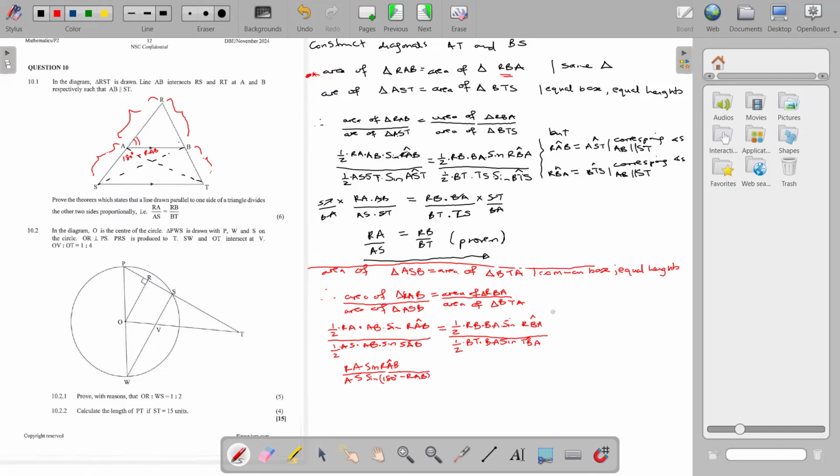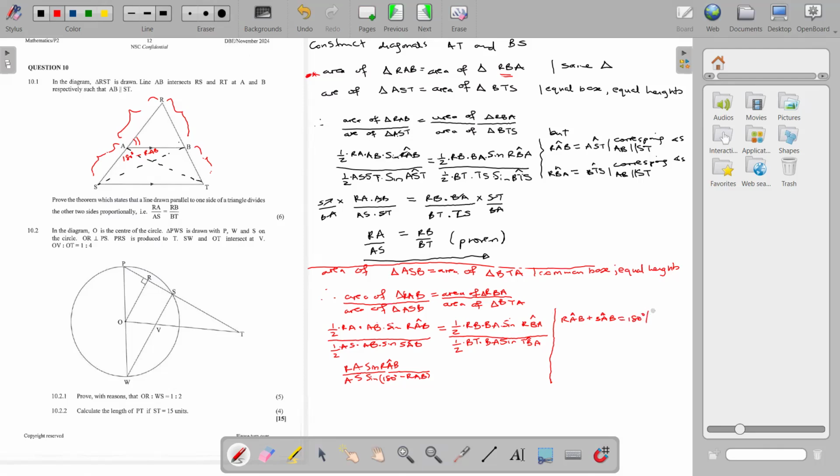In other words, we are supposed to know that RAB plus SAB is equal to 180 degrees.